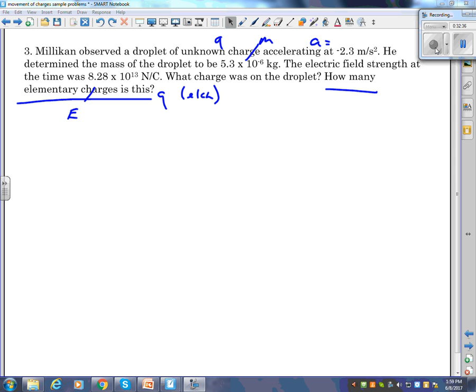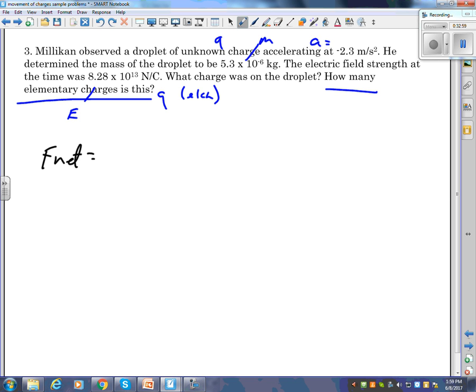Okay, so Millikan observed a droplet of unknown charge accelerating at minus 2.3. He determined the mass of the droplet to be that. So what are the first two things that we were given? We're given the A, and we're given the M. What can you get from M and A? F net.